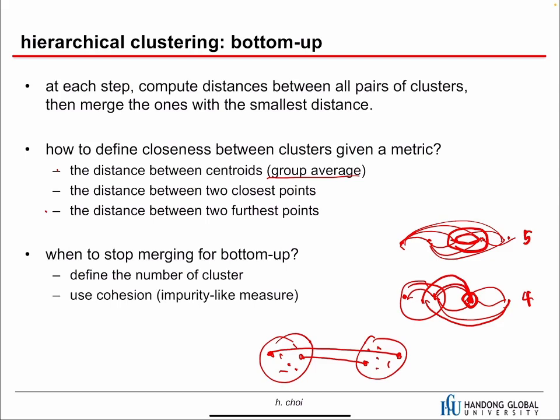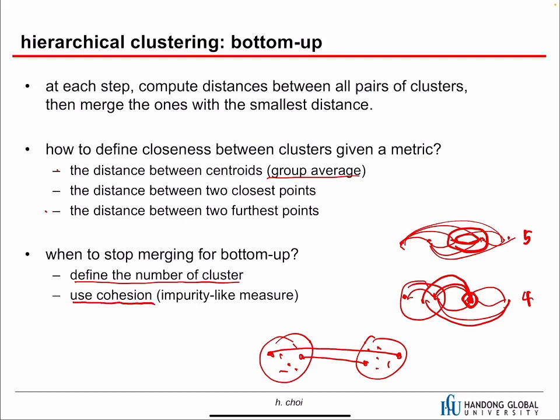The second question is when to stop merging for a bottom-up approach. You can define the number of clusters. When we have 5 samples, if you want just 2 clusters, then we combine clusters until we have just 2 clusters. Or we can define some other criteria to stop. We can use cohesion, like impurity.